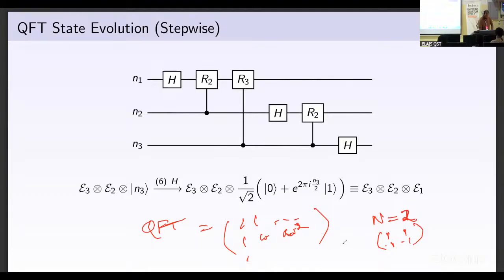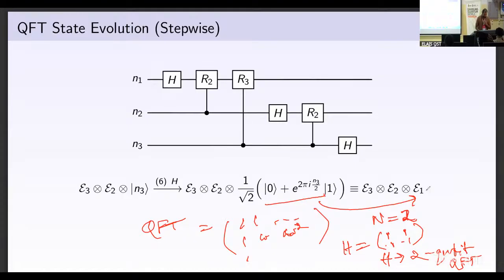So basically this is equivalent to a Hadamard gate. So the Hadamard gate is equivalent to a 2-dimensional quantum Fourier transform. That is why when we have the last qubit, this is equivalent to a 2-dimensional Fourier transform, and this is our last transformation to the Fourier basis.